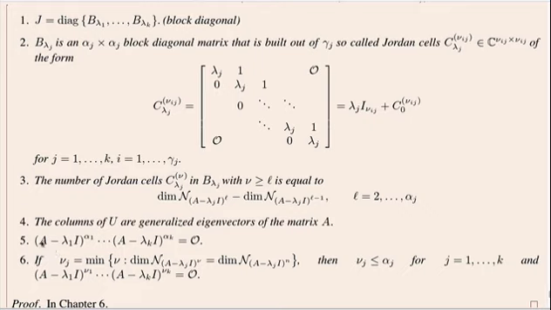And we also have that A minus lambda 1 I to the alpha 1, ..., A minus lambda k I to the alpha k equals the 0 matrix.